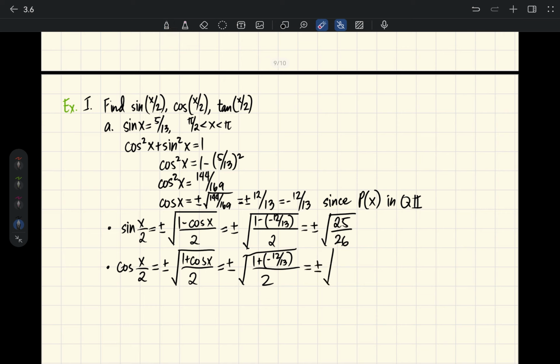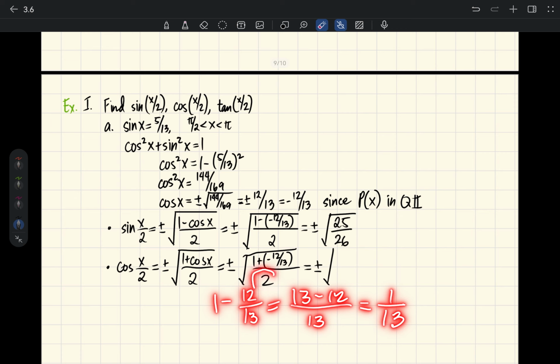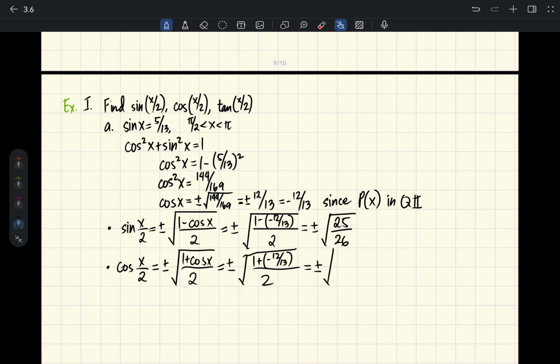So right here you have 1 minus 12 over 13. So that's just 13 minus 12 all over 13. You have 1 over 13. Then dividing everything by 2, we have 1 over 26 inside.